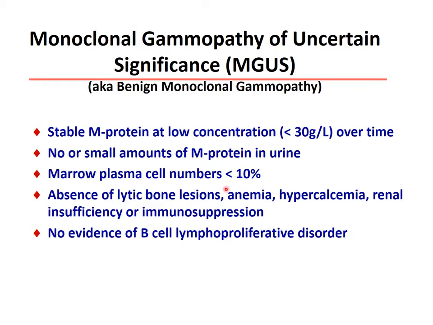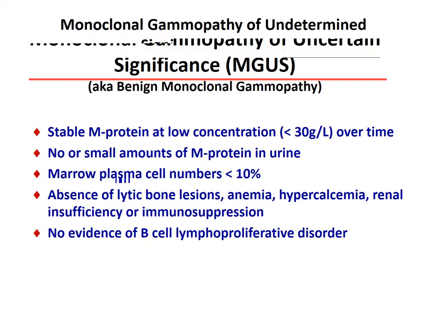Not at all. Only we do have a low amount of M protein in the plasma. That's it. And there is no other B cell proliferation, so we cannot state that this is some kind of proliferative disease at all. Only you do have a monoclonality. That's it.